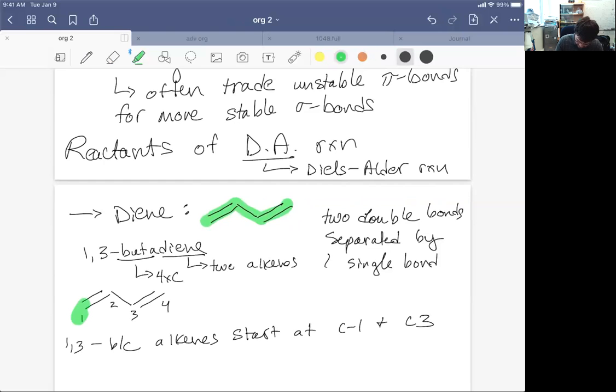So if we look over here, we've got C1, we start an alkene, C3, we start an alkene. If we wanted to number from right to left, we get the same outcome. We would just start at the end being 1, 2, 3, 4. So this is the only kind of core system that we can get to react by way of the Diels-Alder reaction.